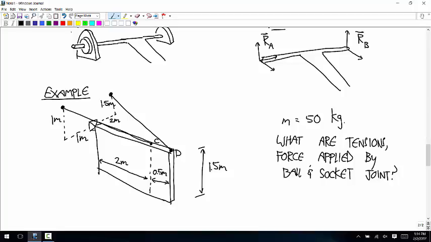And I'm going to give you a coordinate system. Let's say the x-axis goes out along the sign. Y-axis is up. And the z-axis then has to be this way.